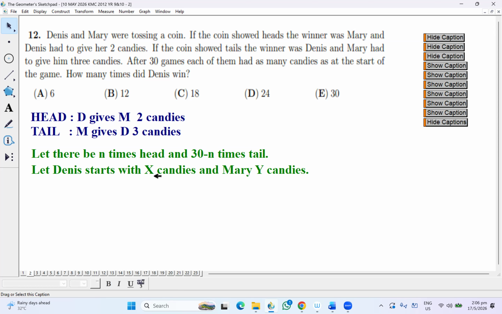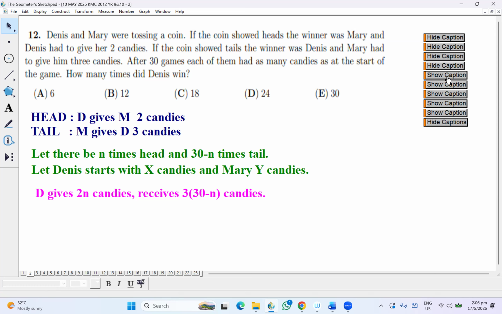Dennis starts with X candies, and Mary starts with Y candies. So now Dennis gives 2n candies because n times head, then 30 minus n times tail, so he receives 3 times 30 minus n.